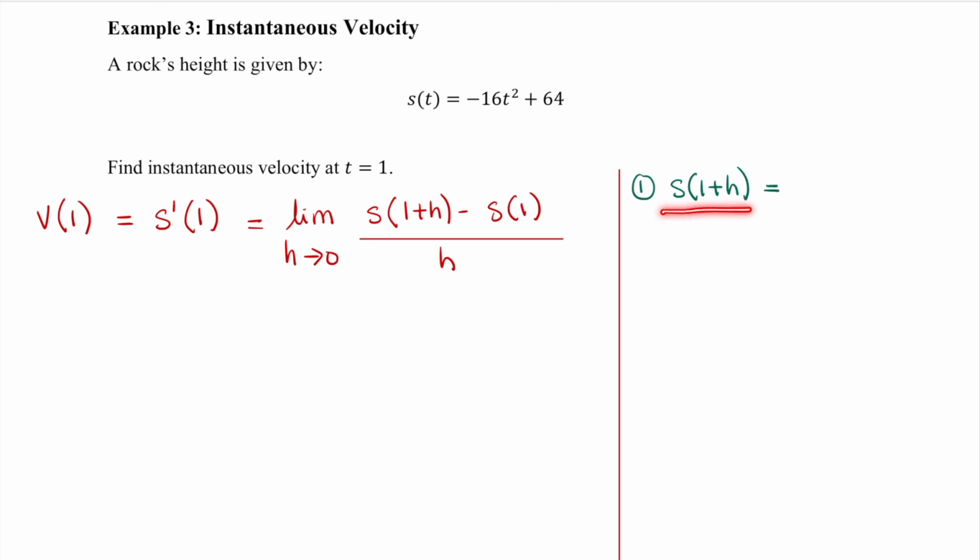To find s of 1 plus h, I substitute 1 plus h into the function. So I have negative 16 times 1 plus h squared plus 64. 1 plus h squared equals 1 plus 2h plus h squared.